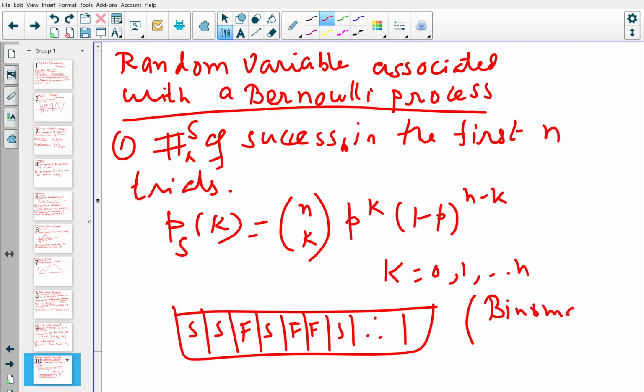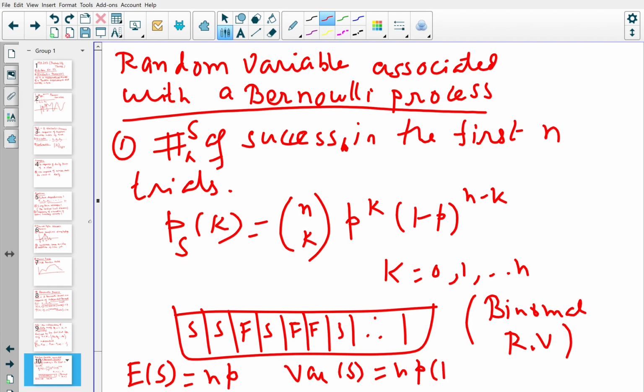So a binomial random variable comes out of a Bernoulli process, and you are asking how many successes one can get out of n trials. Okay, and you know that this has expectation of the number of successes np, if n is the number of trials and p is the probability of success, and the variance will be n into p into 1 minus p. This is already learned in the class. Okay, so this is one random variable.